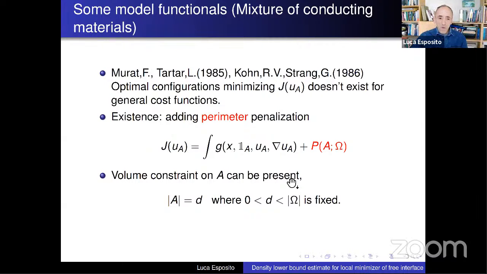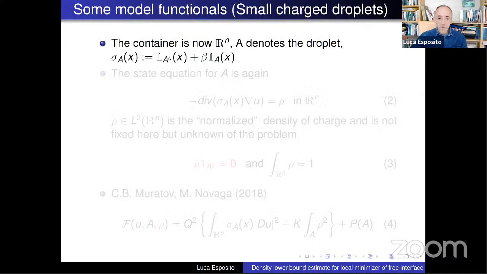Okay, I want to present some related functionals introduced by Muratov and Novaga very recently, which are very related to the previous functional, but there are some differences. The functional is almost the same, but the difference here is that there is no container, in the sense that now the container is R^n, and now A will denote the charged droplet.